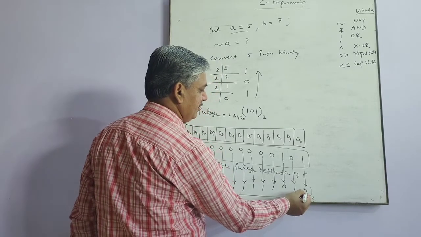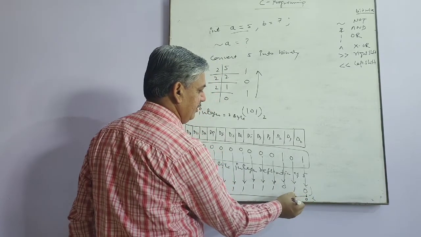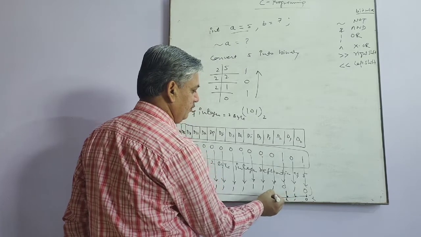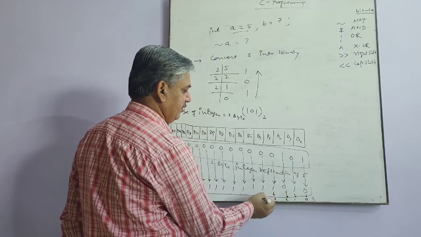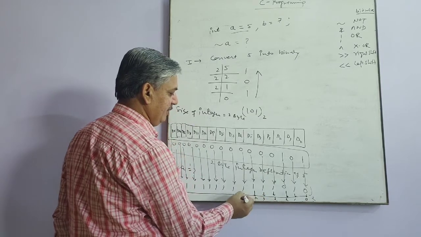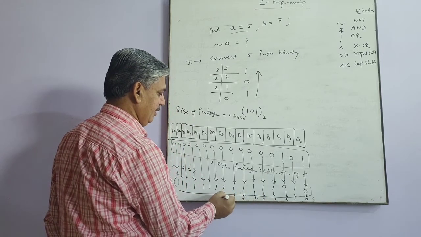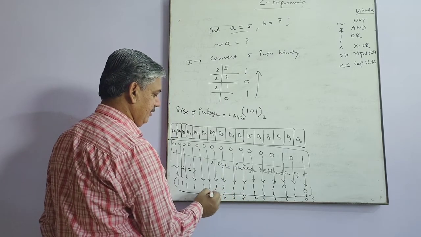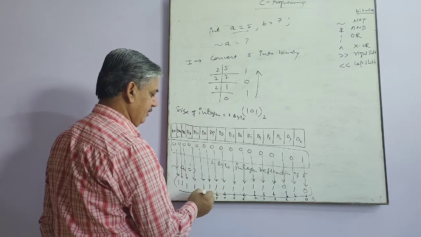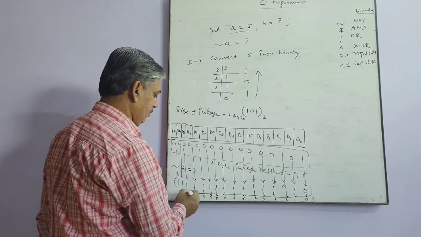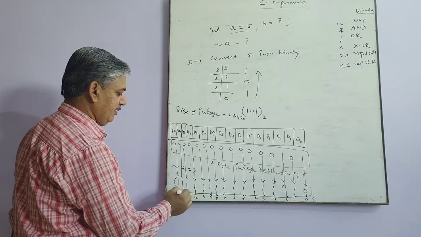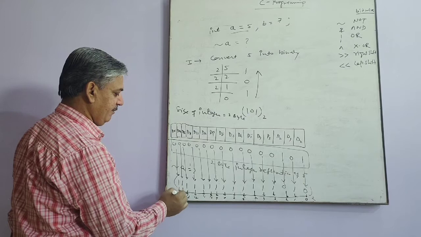The position of this bit is 0, this is 1, this is 2, this is 3, this is 4, this is 5, this is 6, this is 7, 8, 9, 10, 11, 12, 13, 14 and 15.